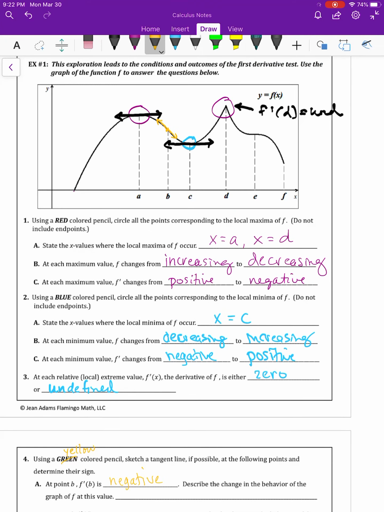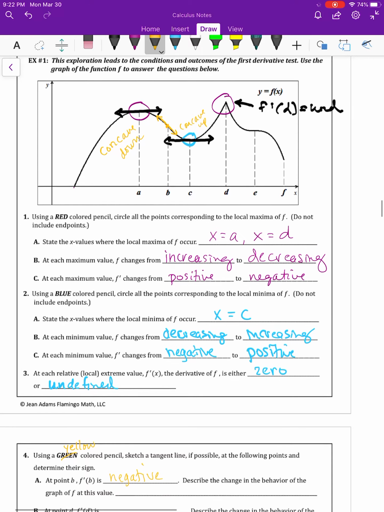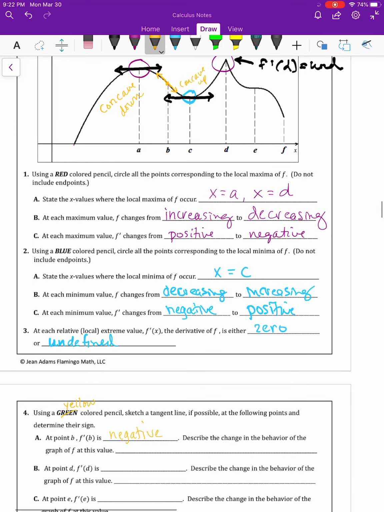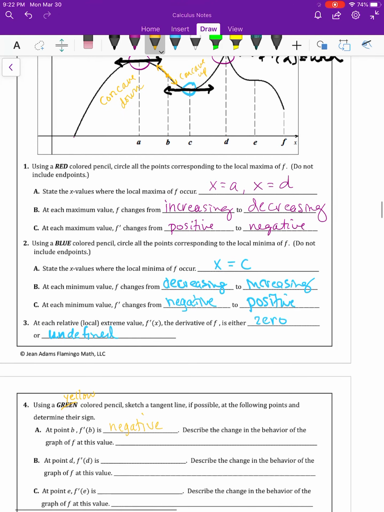And so describe the change in the behavior of the graph of f at this value. And so notice that, I don't know if you can tell, but look, it's concave down over here. Okay, and then about this point, look, it starts to go to concave up.